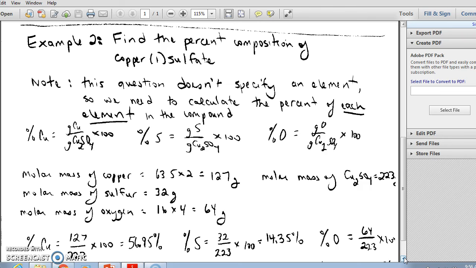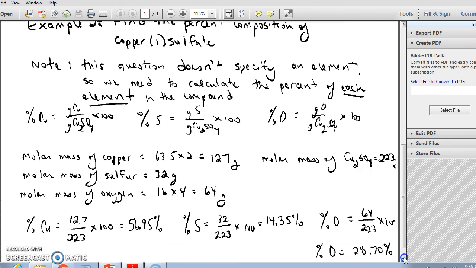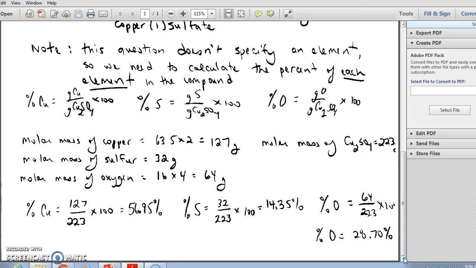We add those together to get the total mass, and then we take the mass of copper divided by the total times 100, the mass of sulfur divided by the total times 100, the mass of oxygen divided by the total times 100, and all of those percents should then add up to 100%.